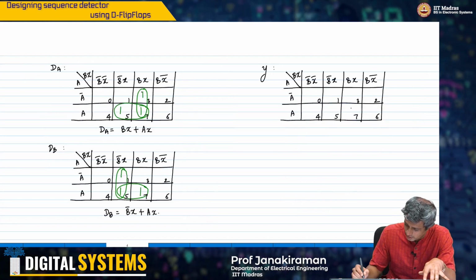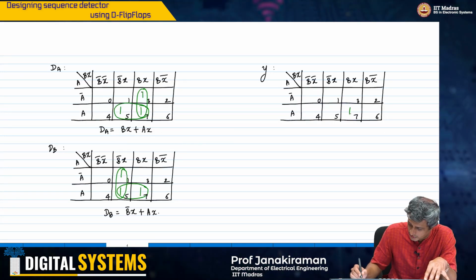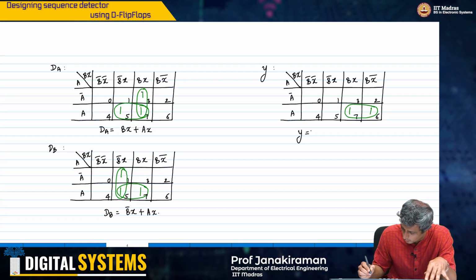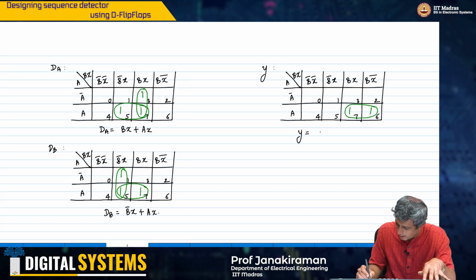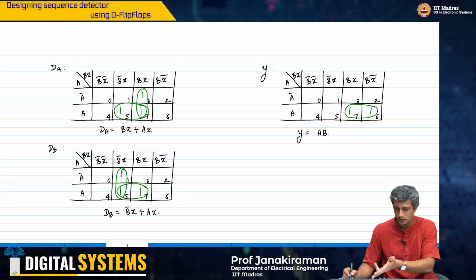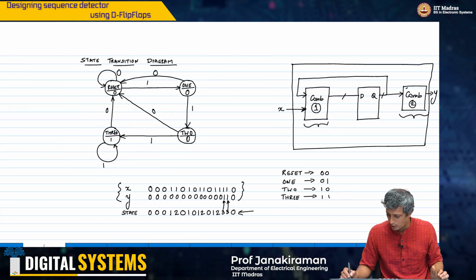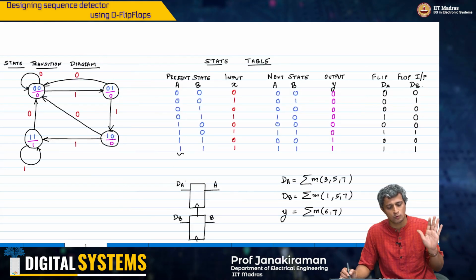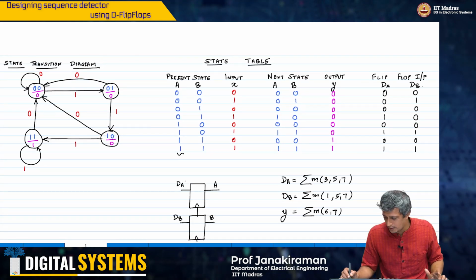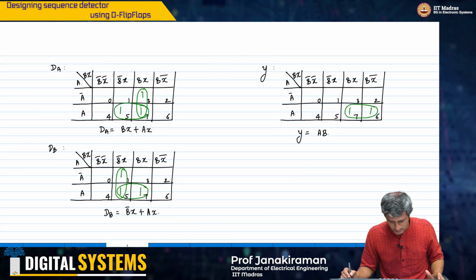So therefore my Y will be equal to A into B. This was very straightforward, something we could have guessed already, because when the state is 1 1, the output is 1, otherwise it's 0. So it simply has to be the AND gate of the two flip-flop outputs, even just by looking at the state diagram.